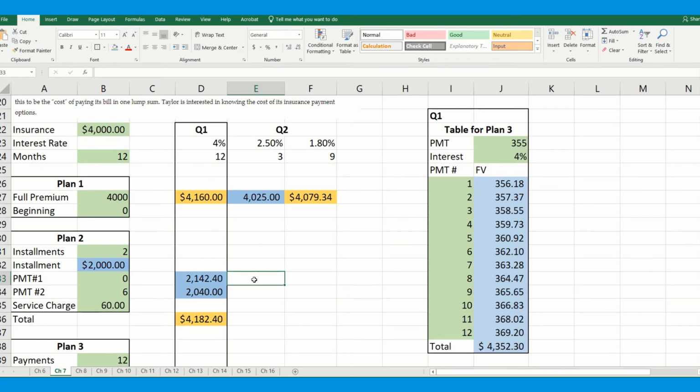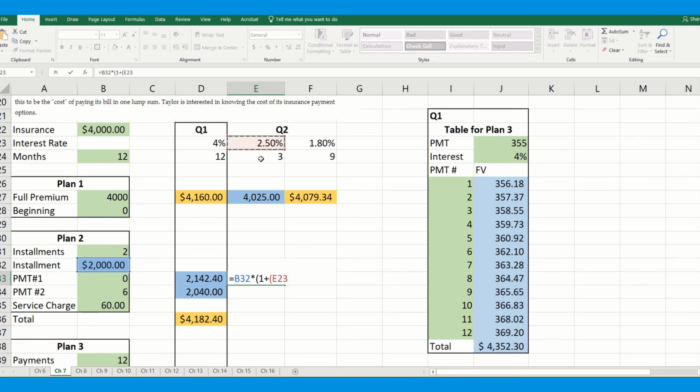Okay, so we'll start here, and we have our $2,000 as our present value times bracket 1 plus bracket again 2.5%. So at that interest rate, it's going to go for 3 months.